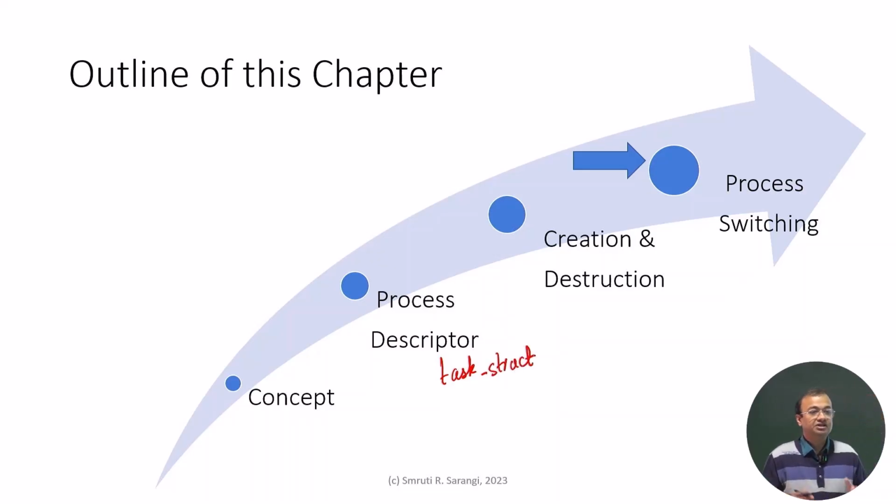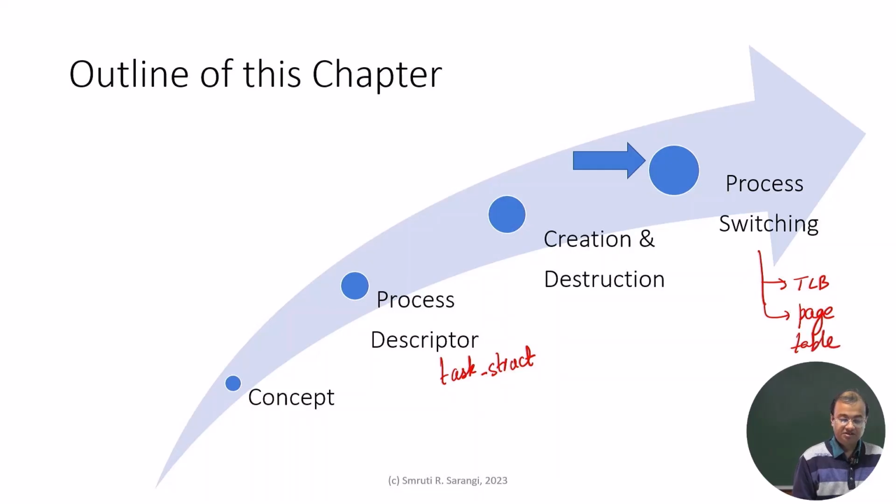Then we looked at process creation, destruction, fork mechanism, right? The exec mechanism. Then we looked at process switching. Process switching, clearly we did spend a good amount of time on the TLB switch, TLB flushing, the page table, and also on the sequence of what exactly you store and how, right?